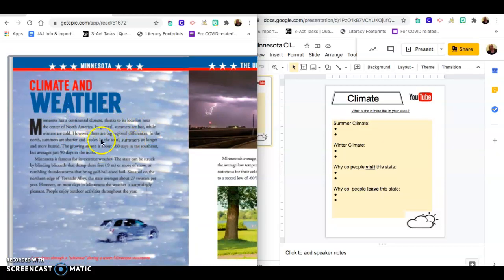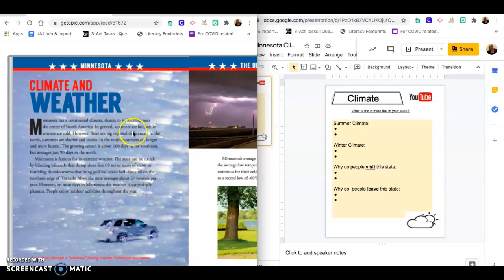So I'm going to skim it and see if I can find some information about the climate during the summer. And it says, in the north, summers are shorter and cooler. In the south, summers are longer and more humid. It says the growing season is about 160 days in the southwest. So let's see if we can find more about the summer.